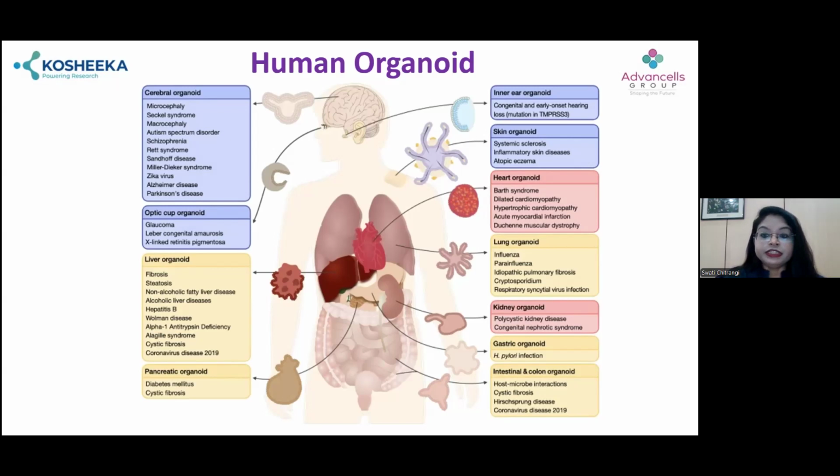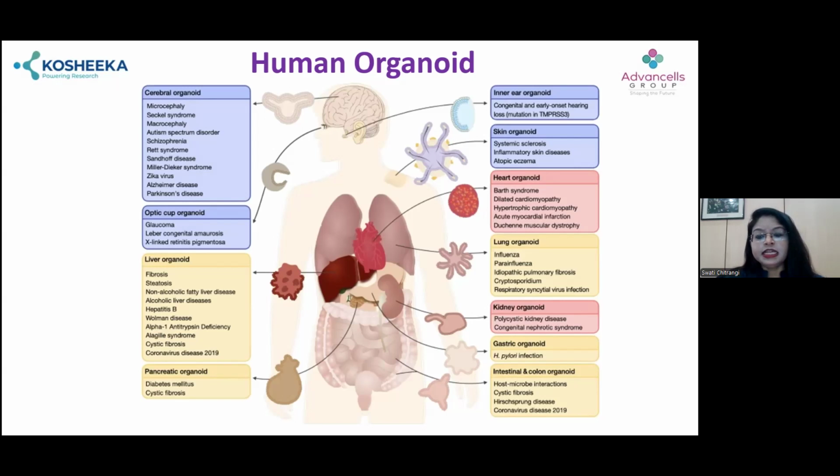Then lung organoids have been developed and used to study respiratory disease. Then there is kidney organoid, which is used to study nephronic syndromes or polycystic kidney diseases. Then there is gastric organoid, which is used to study gastric infection in gastric organs.